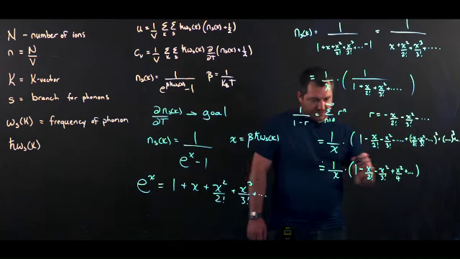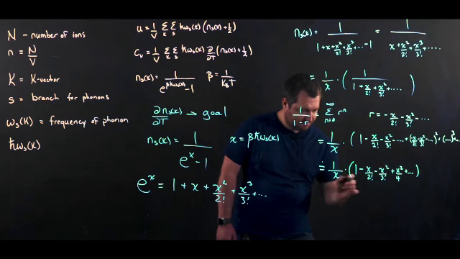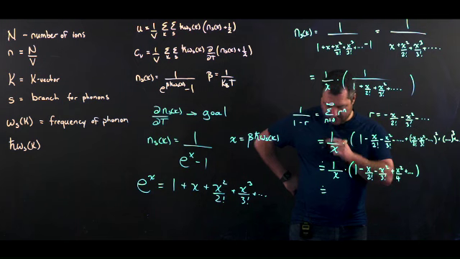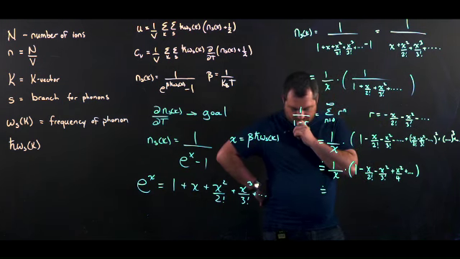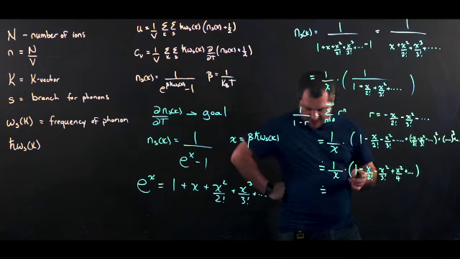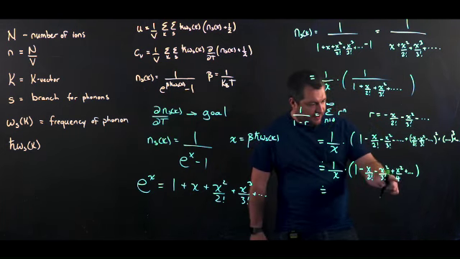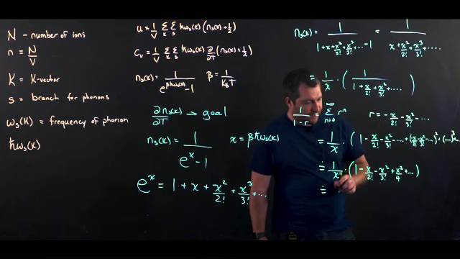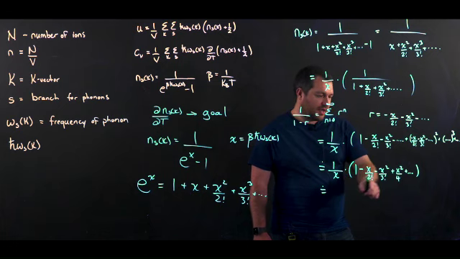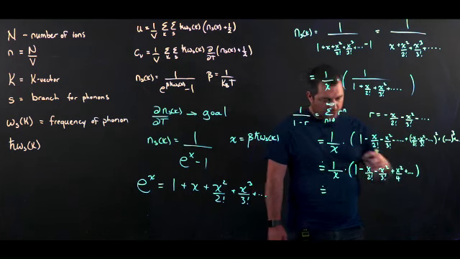So now I've got this, and I'm going to try to clean it up a bit. I can notice that I've got 2 squared terms, and this on the bottom is 3 factorial. And 3 factorial is 3 times 2 times 1, and that is 6. And 6 and 4 have a lowest common multiple of 12.